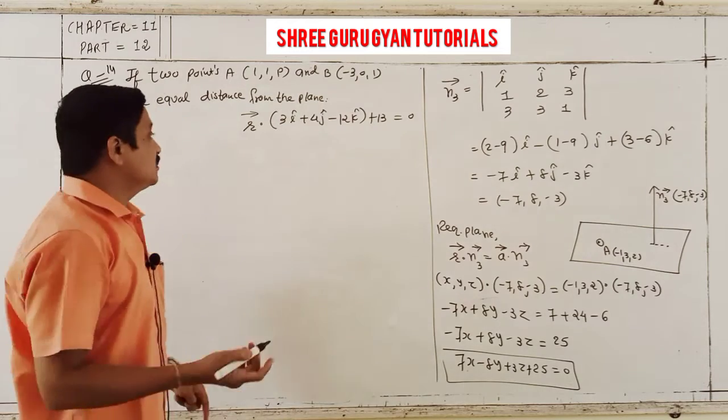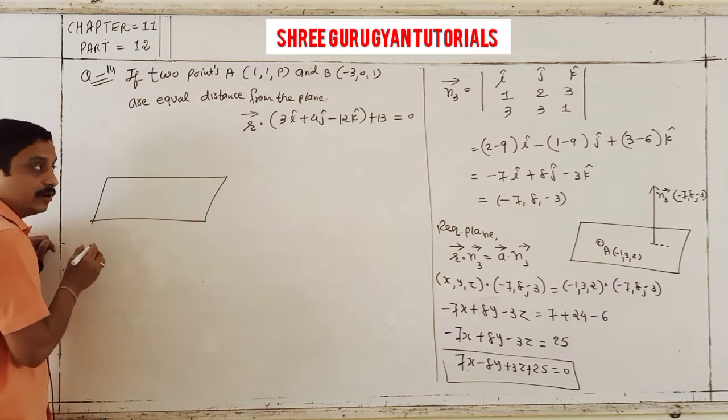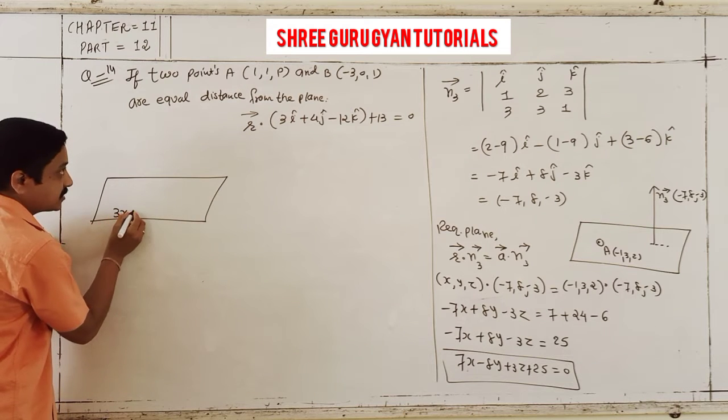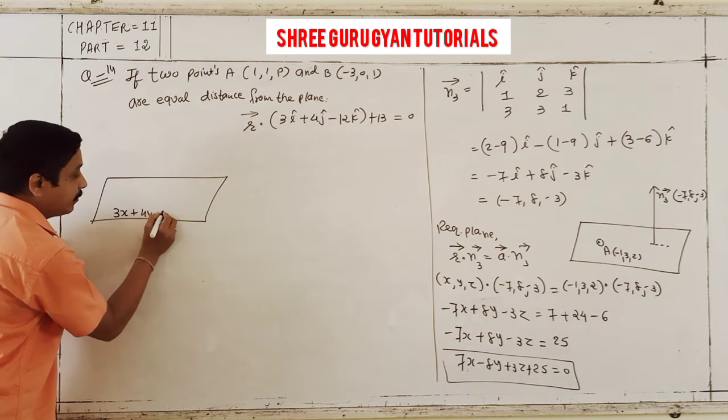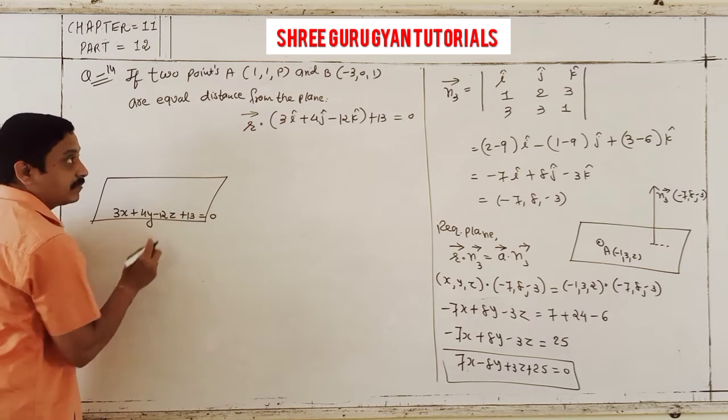So very easy, students, just consider that's your plane. And here the plane is derived: 3x plus 4y minus 12z plus 13 is equal to 0.